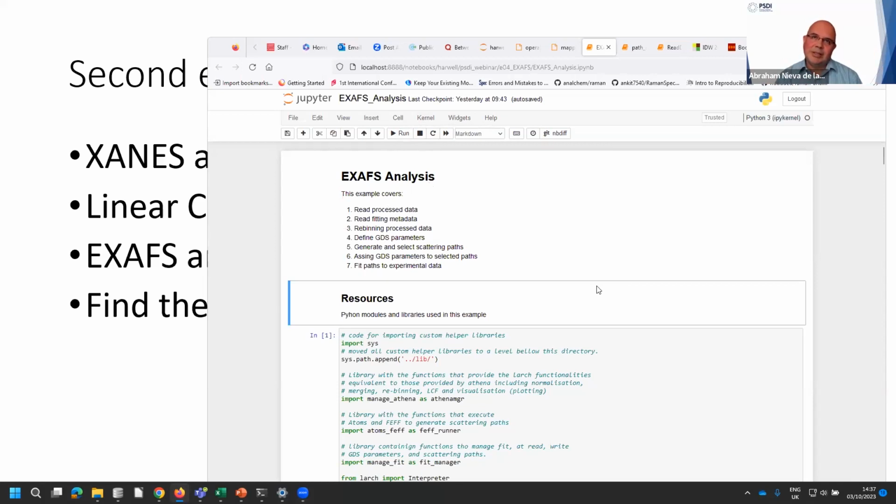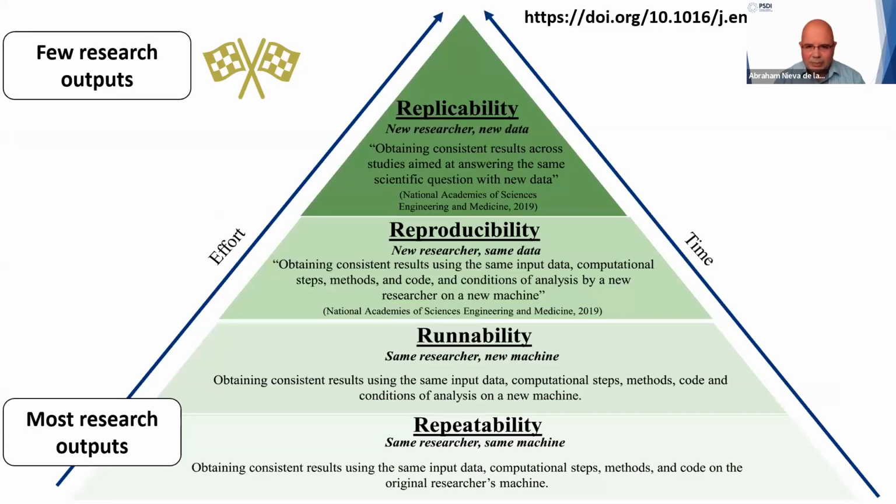So in a sense, we have achieved the 3 lower levels of the pyramid that I showed before. We said repeatability, runability, and reproducibility.